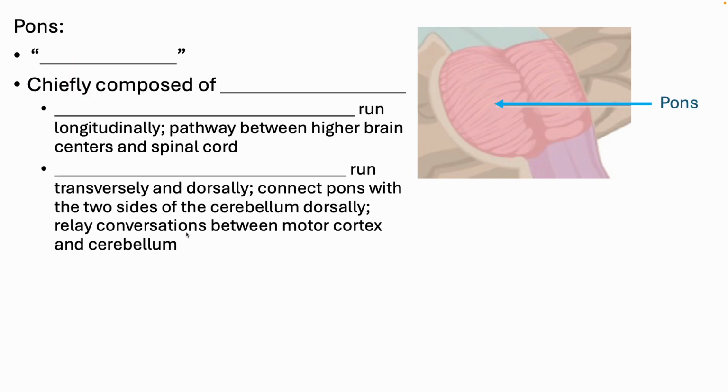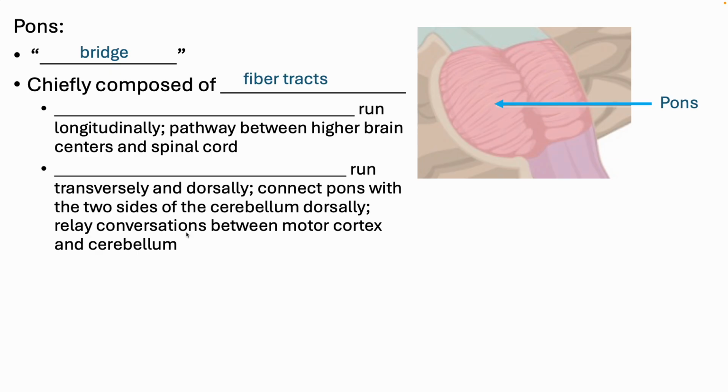The pons is a bulging brainstem region between the midbrain and the medulla oblongata. Dorsally, the fourth ventricle is going to separate it from the cerebellum. Its name means bridge, and as it suggests, it is chiefly composed of fiber tracts.